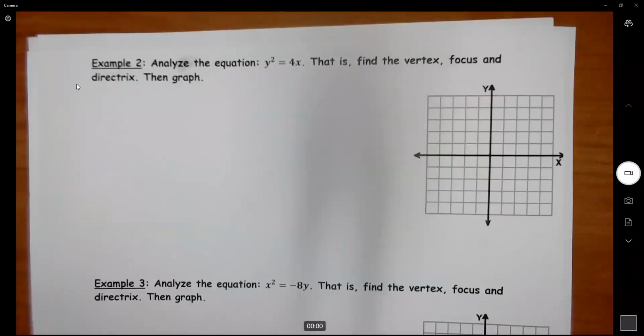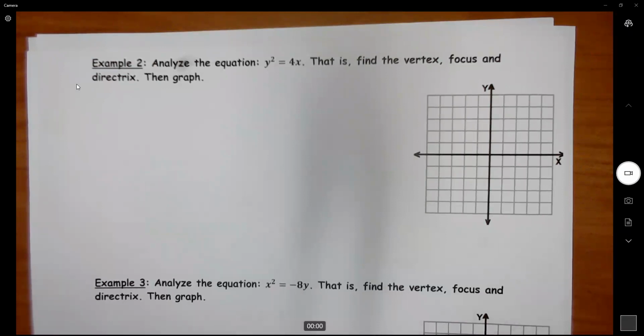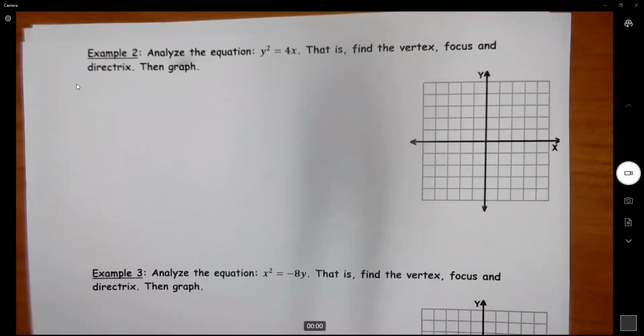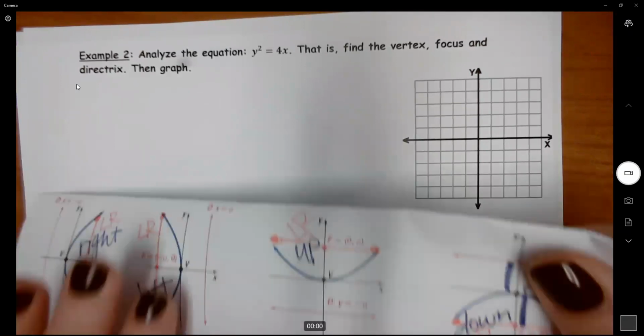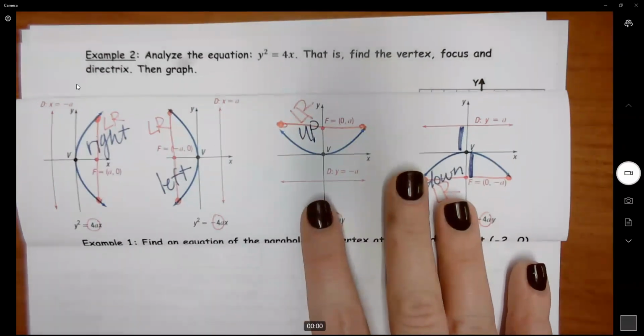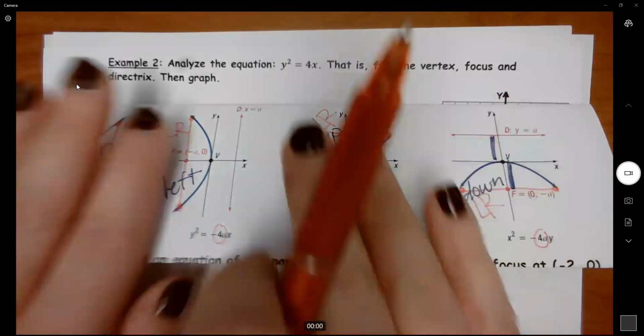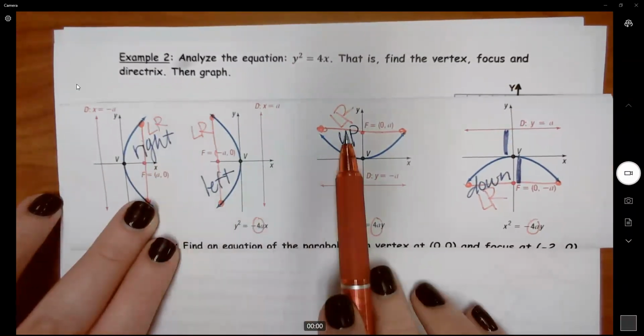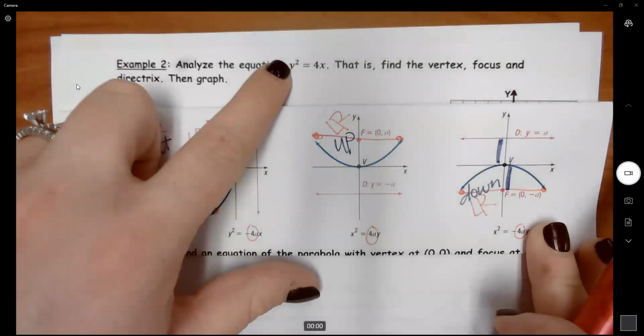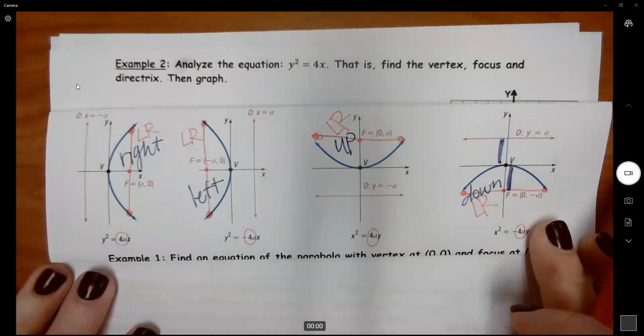So here we are analyzing this equation. Let's just figure out which of these 4 graphs I am going to have. Is this going to open up to the right, to the left, up, or down based on y squared equals 4x?